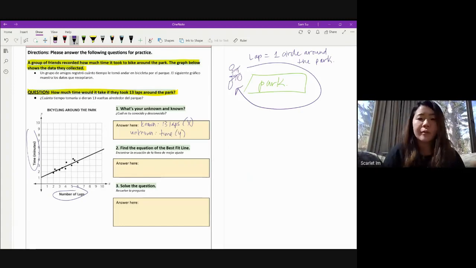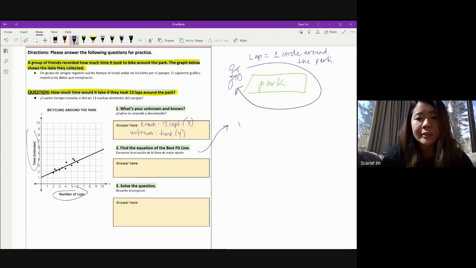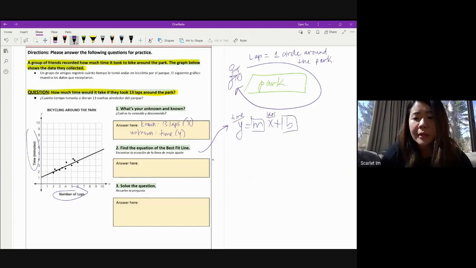Then I need to figure out number 2, which is figure out the equation. I know that my equation is y equals mx plus b. Y is time, x is laps, and I need to figure out m and b.